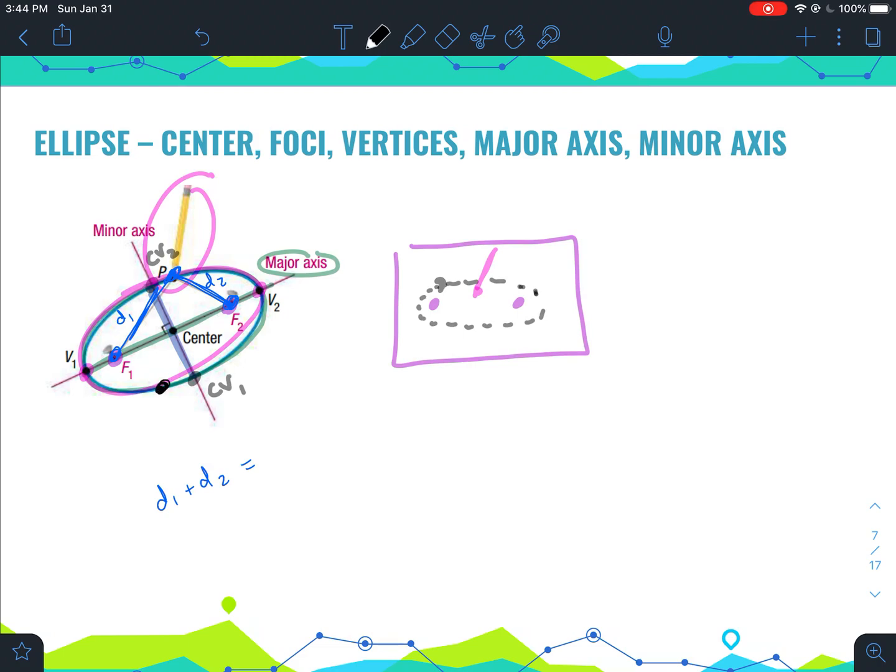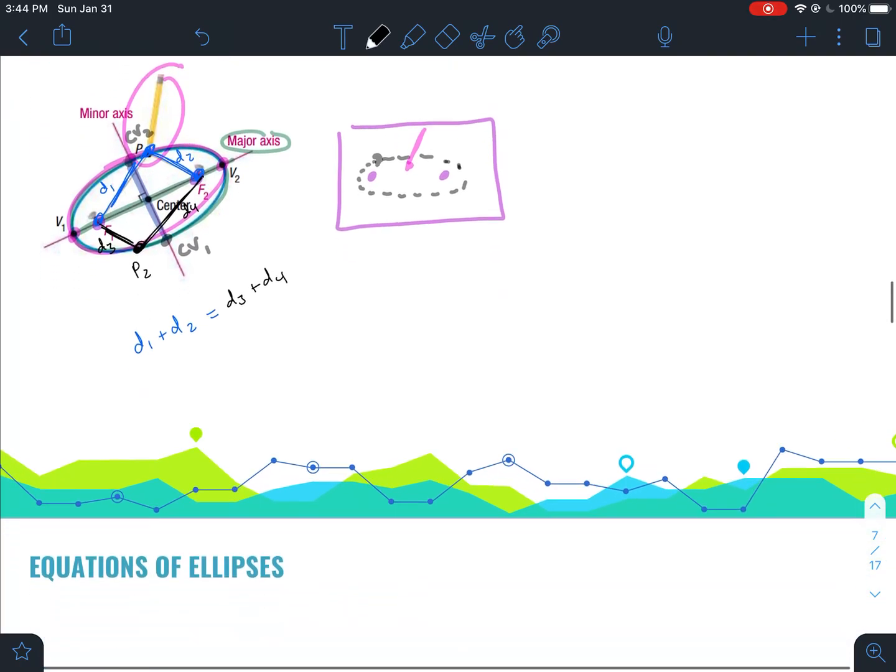So if I picked a different point down here and called it P2, and then found the distance from P2 to the first focus, and from P2 to the second focus, we'll call those D3 and D4, the sum of those distances would be equal to D1 plus D2. And that's the definition of an ellipse.